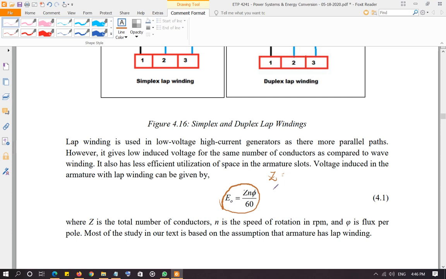And how do you calculate Z? Basically, you have total number of windings, and sometimes it is given as total number of slots. So total number of slots or total number of windings times how many turns you have per winding.